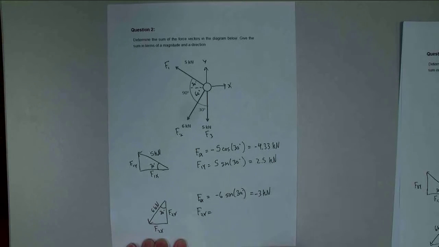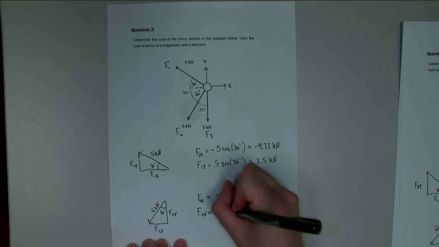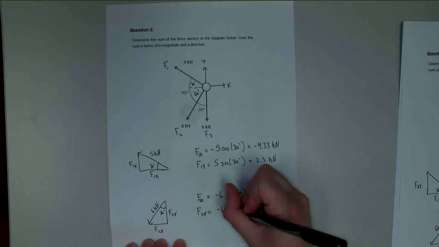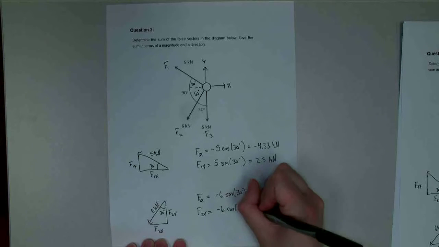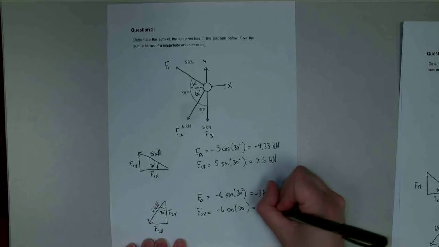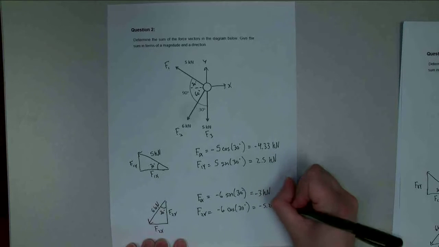F2y is going to be down, so it is negative as well, negative 6. And since it's the adjacent side, it's going to be the cosine of 30 degrees. And that is negative 5.20 kilonewtons.